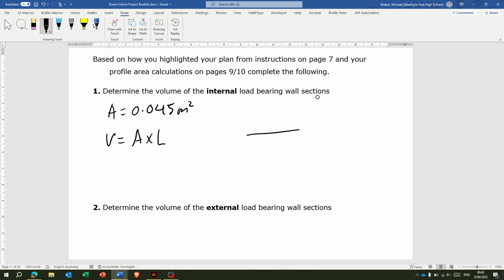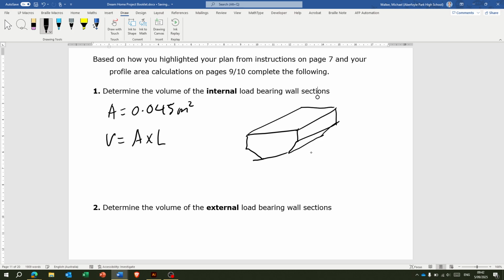So I have that little profile shape. I'm going to make it a 3D object. That's what I'm doing.